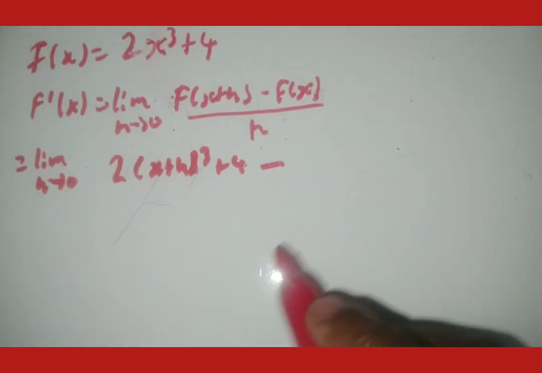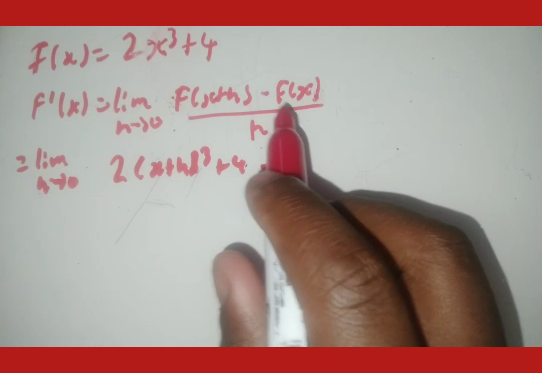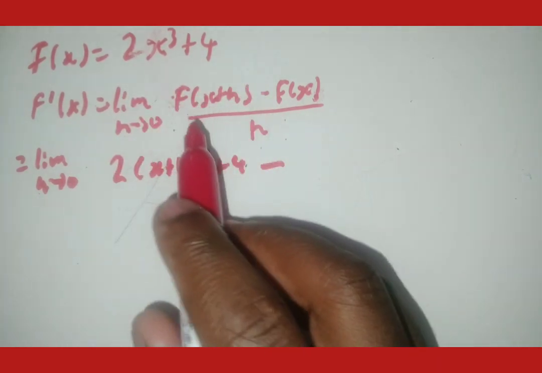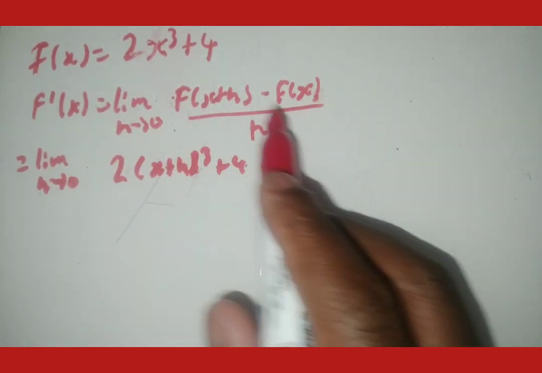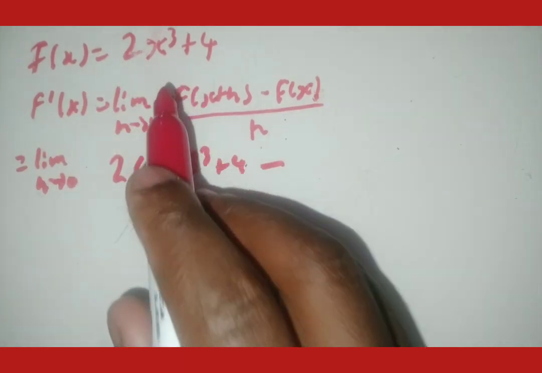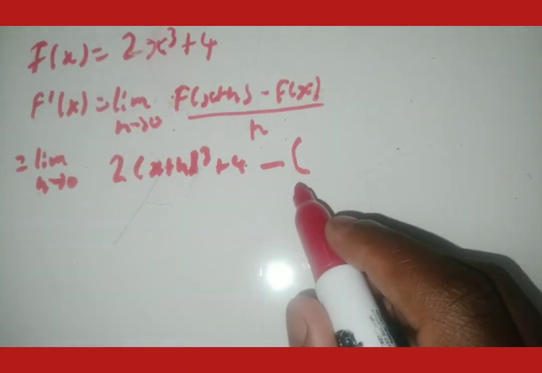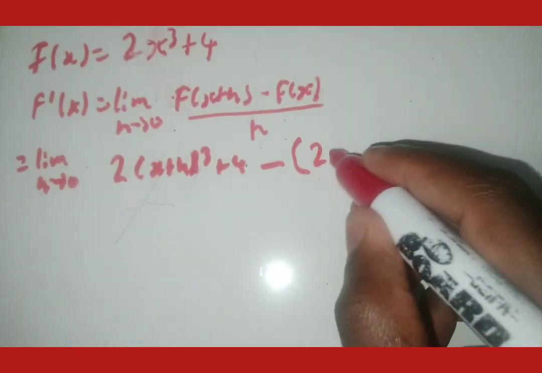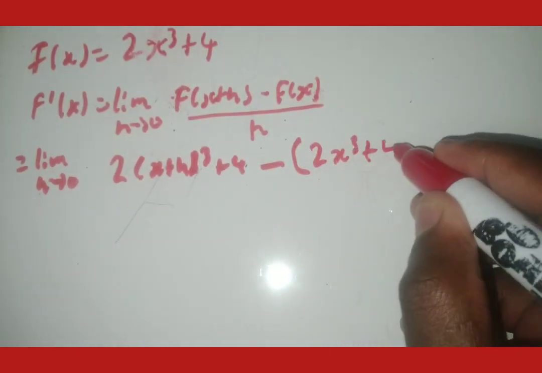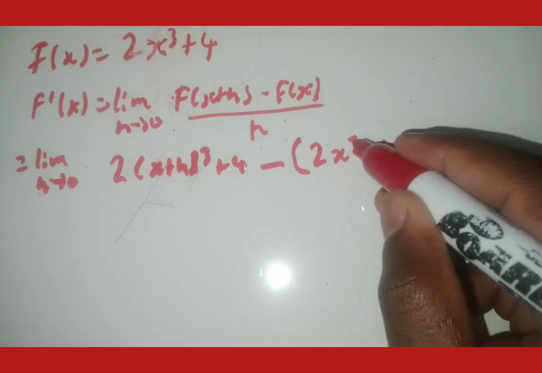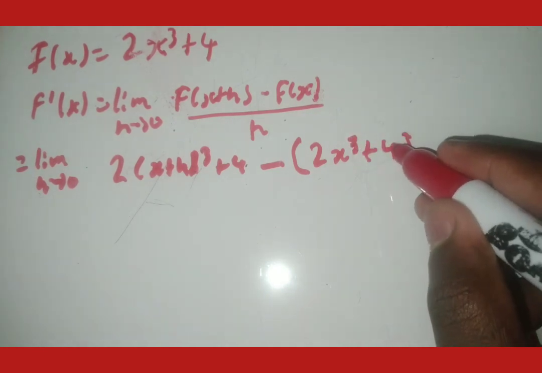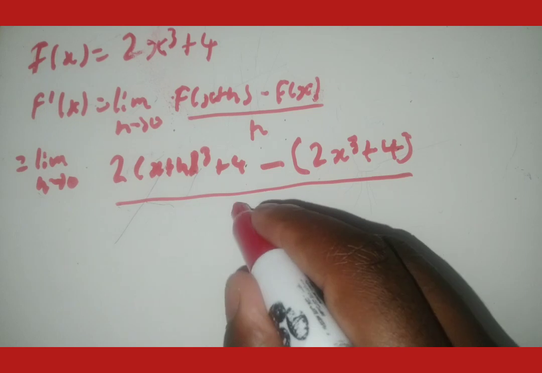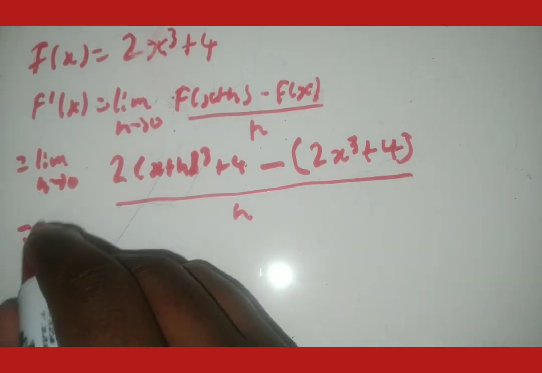Then now we're no more dealing with x plus h, now we're dealing with f at x, which is the original equation. But now you have to put brackets. That's what you have to be careful of, because we changed one thing to become many. So then we're going to put this in brackets. So then that's what we have. Then all over h. Then from there we're going to say limit as h tends towards 0.